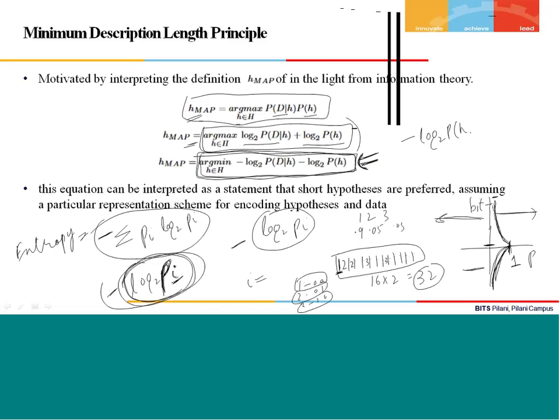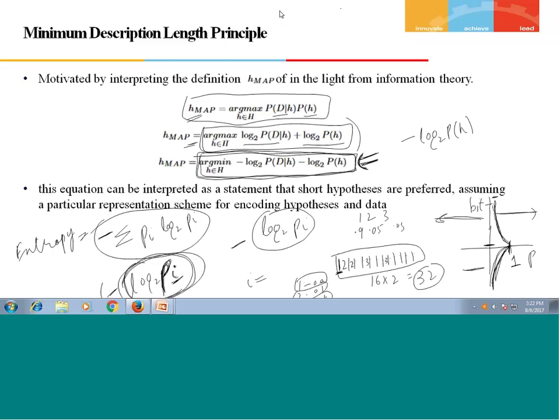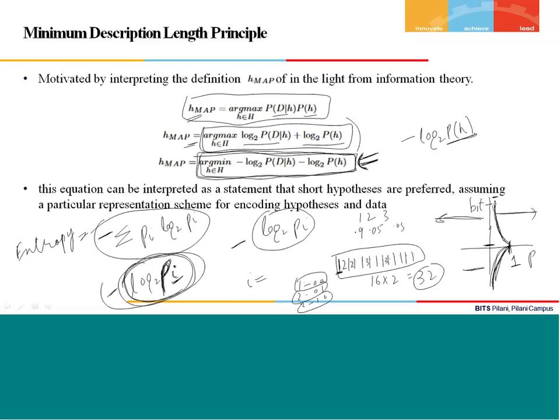This minus log base 2 P(h), right? This is the probability of my hypothesis, P(h).